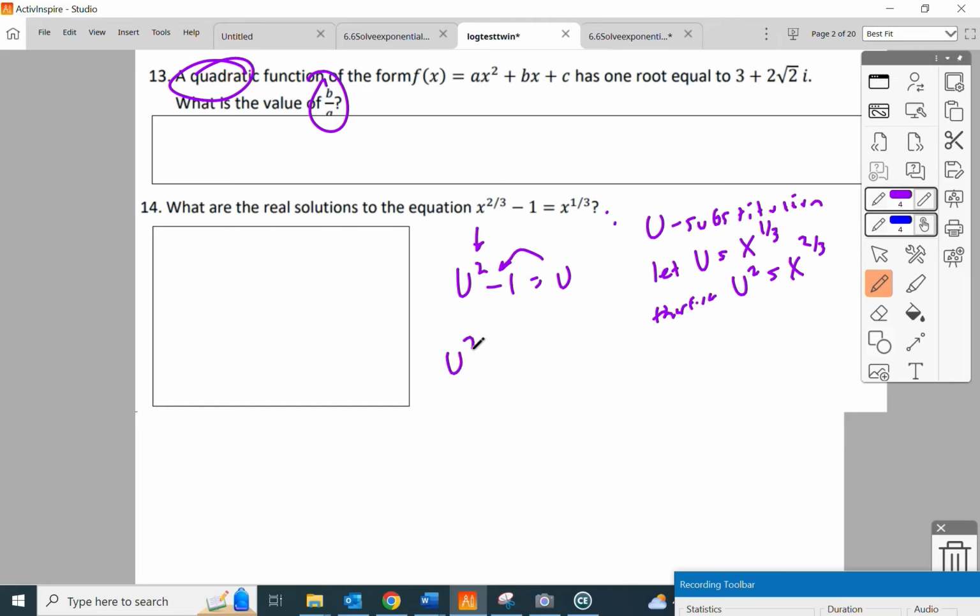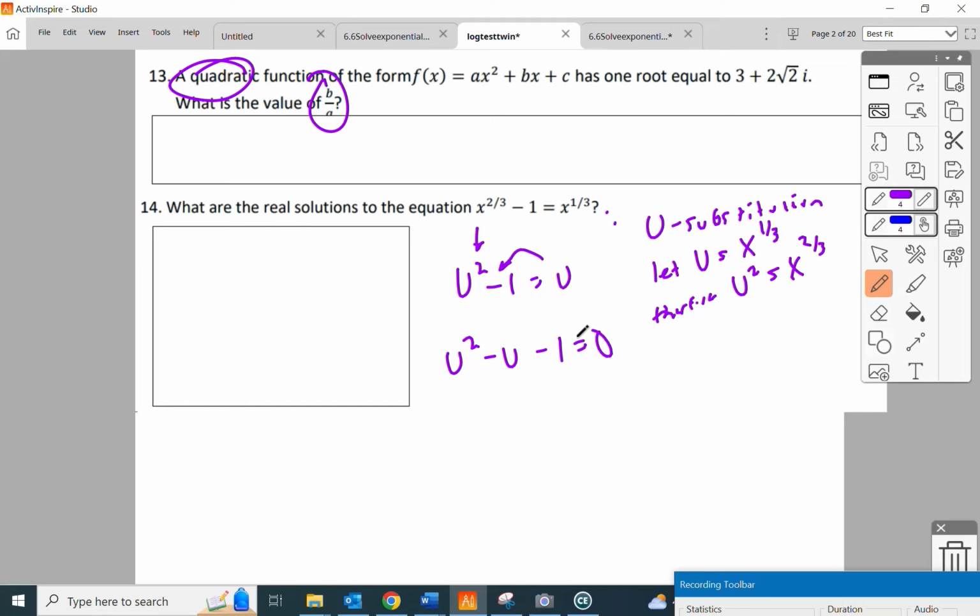Shift left: u squared minus u minus 1 equals 0. And that does not factor, does it? No, it does not.